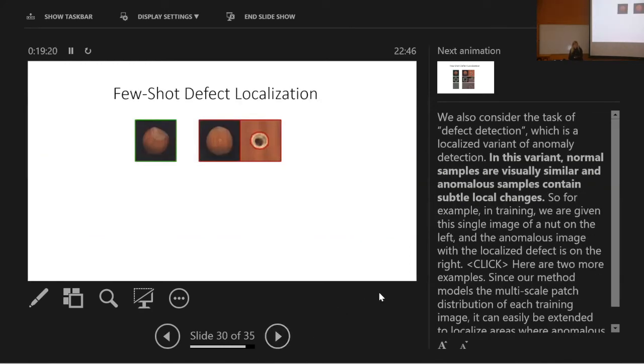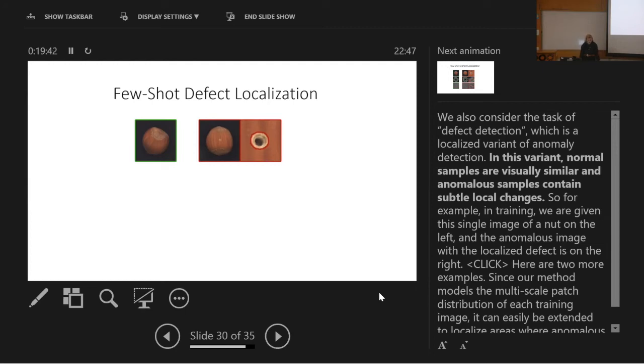So for the last part, I want to show you one application of our model. It's called defect localization, which is a localized variant of anomaly detection. In this variant, the normal samples are very similar to each other, and the anomalous samples contain subtle local changes.